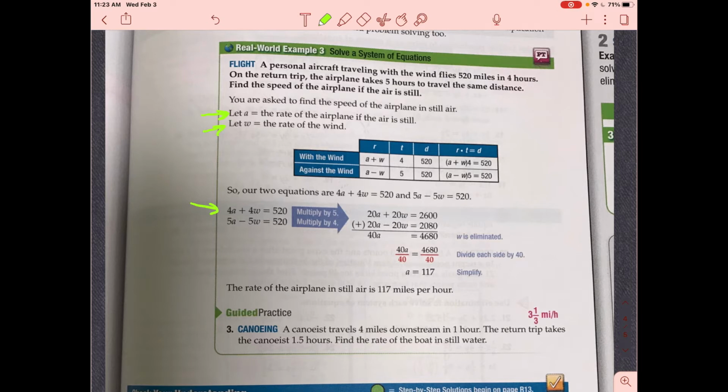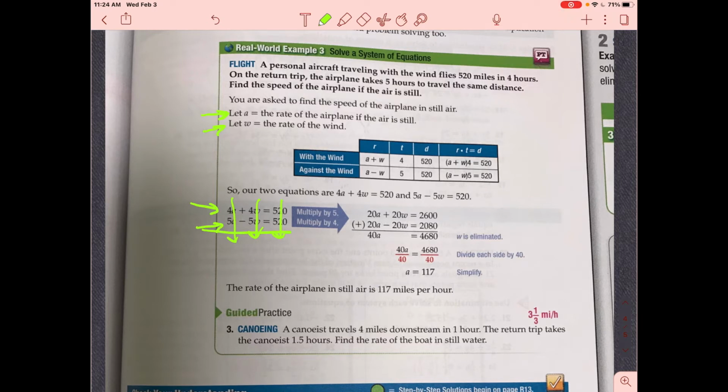And so we had the first situation, 4a plus 4w equals 520, and then on the way back we had 5a minus 5w equals 520. If we line those all up, they are already lined up. You can see that they don't cancel. That doesn't cancel, that doesn't cancel, that doesn't cancel. Actually, it does, but it doesn't have a variable, so that doesn't help us at all.